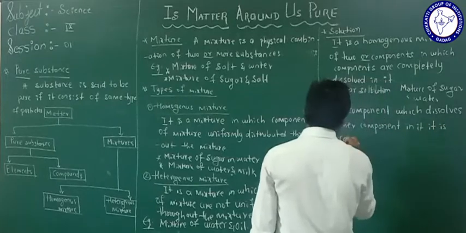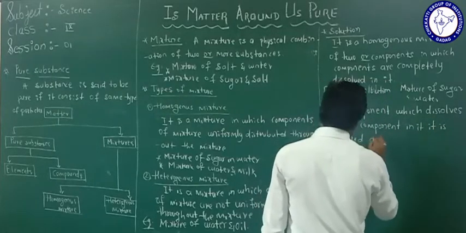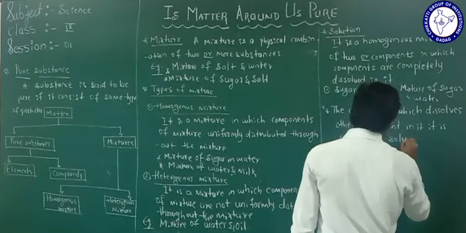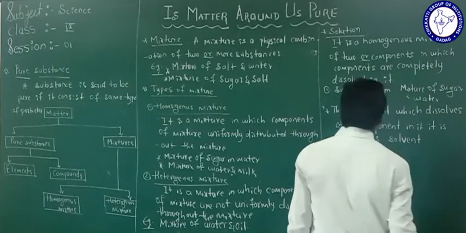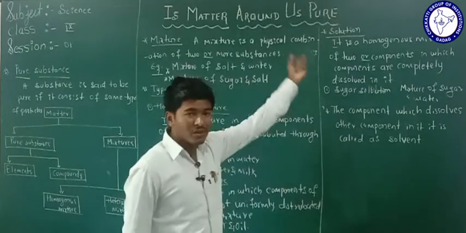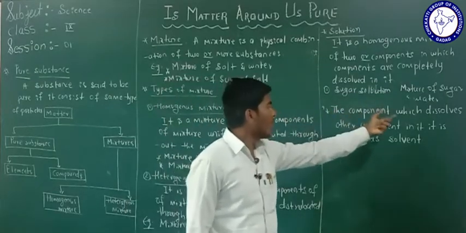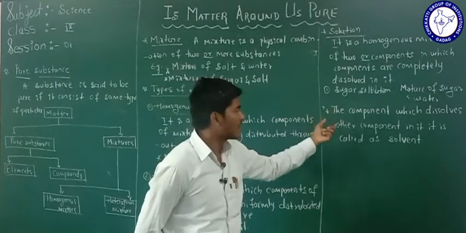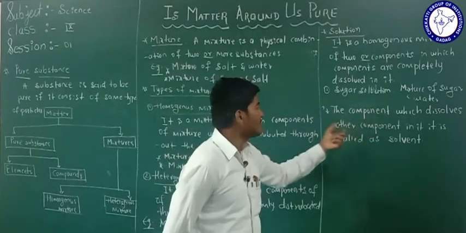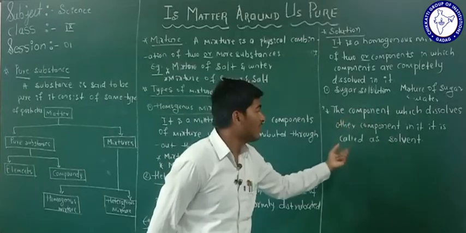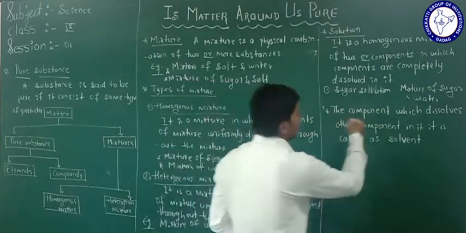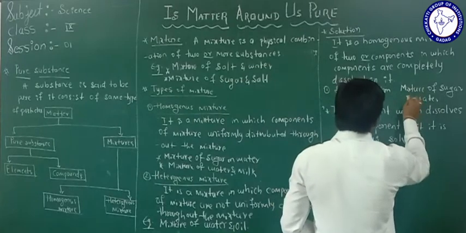It is called the solvent. See here, in the solution, the component which dissolves the other component in it is called a solvent. I am taking here the sugar solution, a mixture of sugar and water.